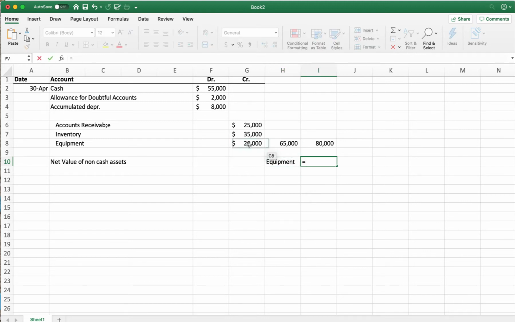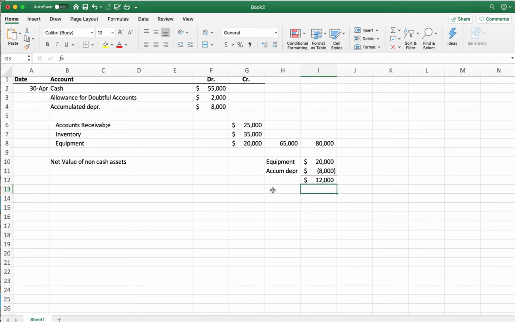The equipment had a value on the books for $20,000, right? Accumulated depreciation was negative $8,000. So if we add this up, our equipment is $12,000. That's the value, okay?